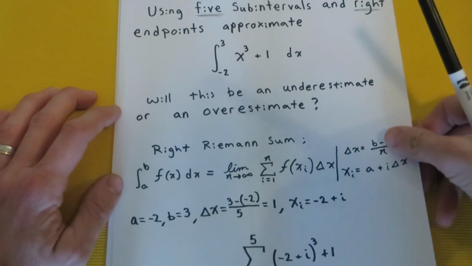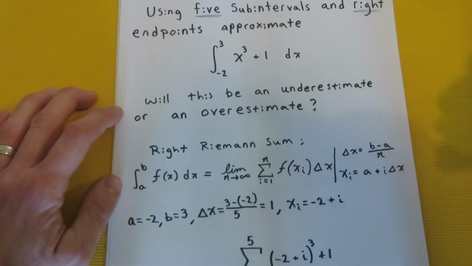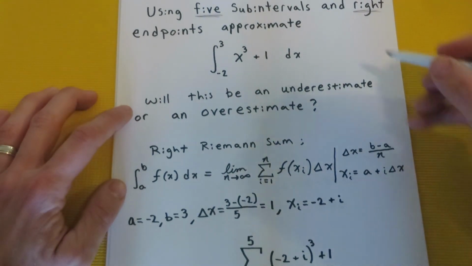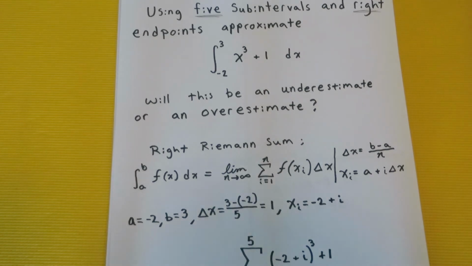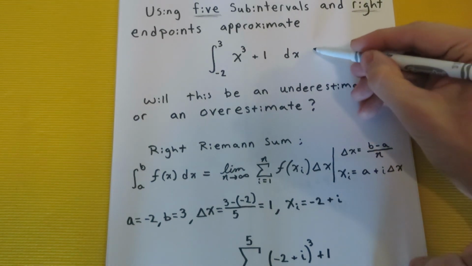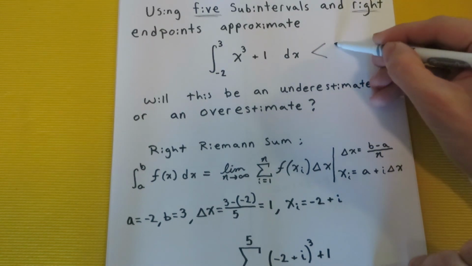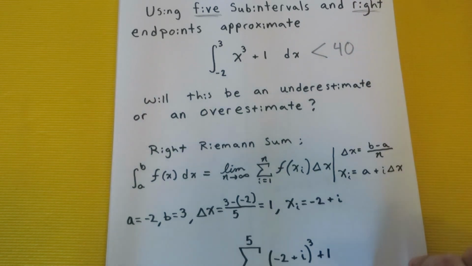So just like that, we have shown that this integral is going to be less than 40. 40 is going to be an overestimate.